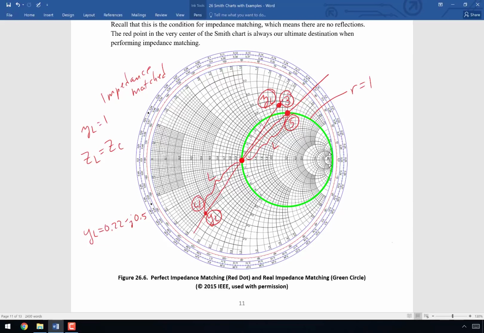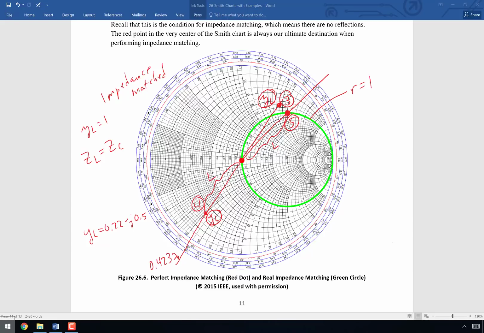Now, two things we need to do next. Step 6, determine how many wavelengths you rotated and convert this to D1. So if you extend this line all the way out until it crosses here, I got 0.423 lambda. Now, when you do this, you might get a different value. I'm not perfectly on there right now because I'm doing this freehand, but you might get a slightly different value.